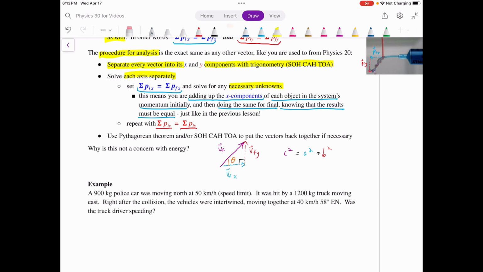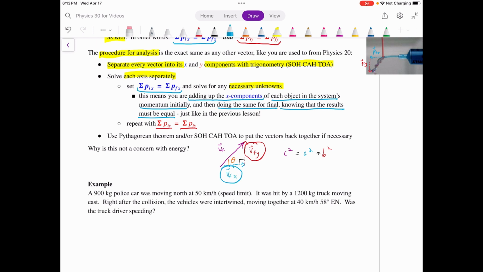This is just one I made up to refresh your brain on how this stuff works, but that's the idea. We're going to apply conservation of momentum in the y-axis, maybe to find a final y velocity, right? Conservation of momentum in the x-axis to maybe find a final x velocity, and then the Pythagorean theorem to get the overall final velocity, and SOHCAHTOA to get its direction.